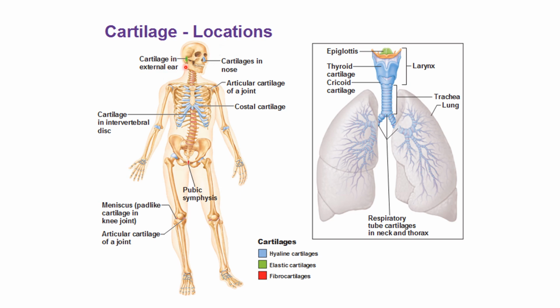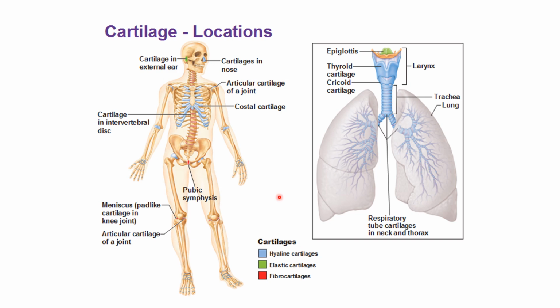So there are three kinds of cartilage. There's hyaline cartilage, the rib cartilages, or costal cartilage, the ends of your long bones and your joints. And then there is actually the larynx right here, and the trachea and bronchioles. There's little hyaline cartilage rings.